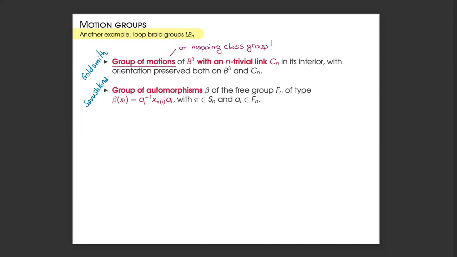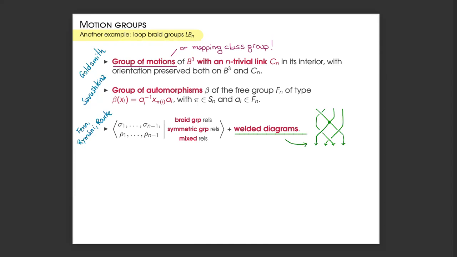This definition of loop braid groups, which weren't called loop braid groups to start with, was introduced by Dahm in 1962.